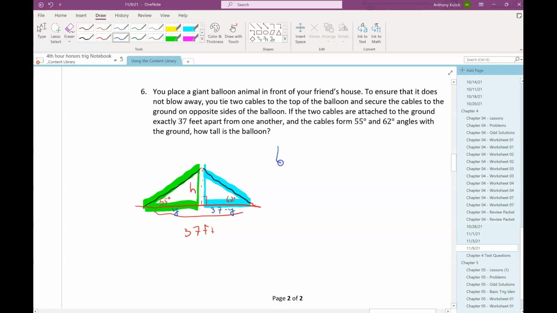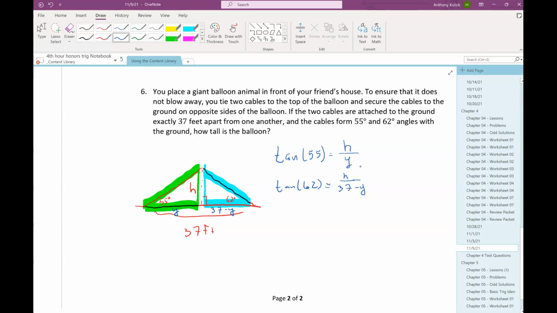So I can then say in the green triangle that tan of 55 is equal to h over y. And then in the other triangle, tan 62 is equal to h over 37 minus y. So far, so good.